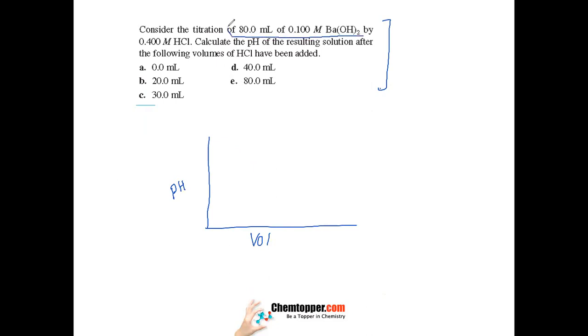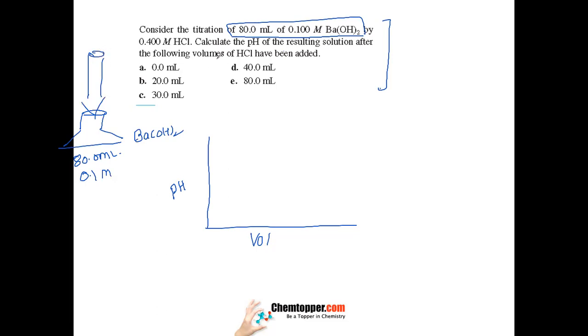This is the amount of Ba(OH)2 in the conical flask, 80 ml, 0.1 molar. And from the burette, you were adding HCl. Read this language: this is HCl added. We did this complete question, and I calculated pH at the different levels.